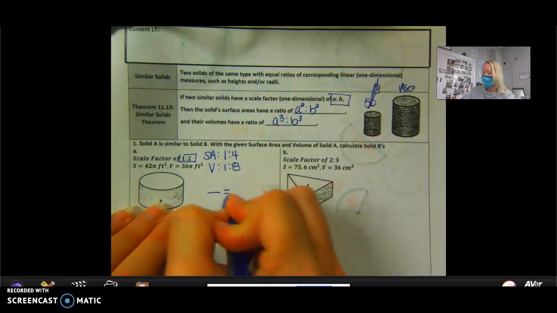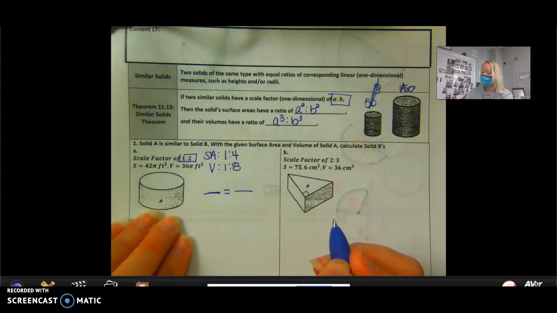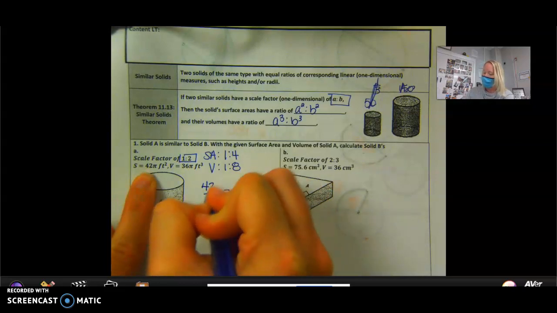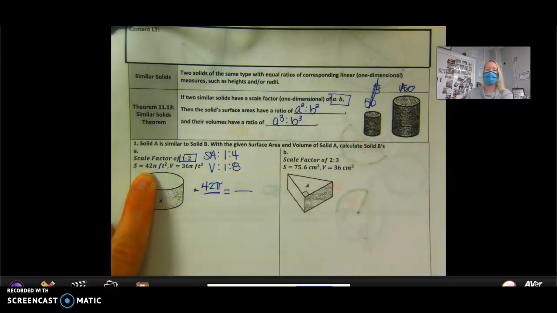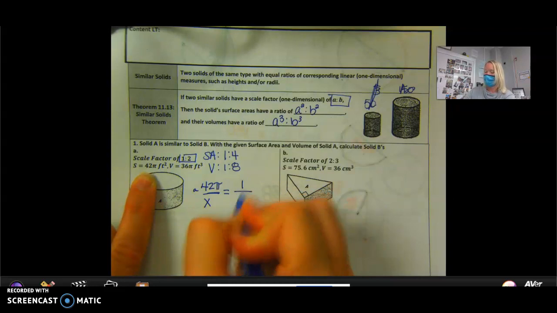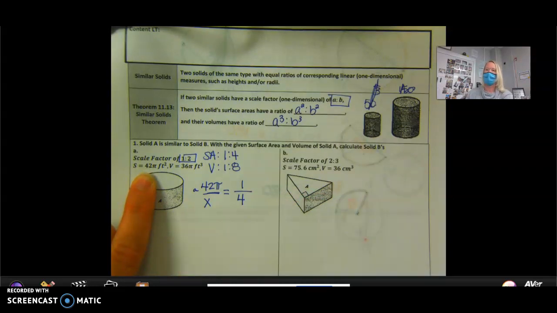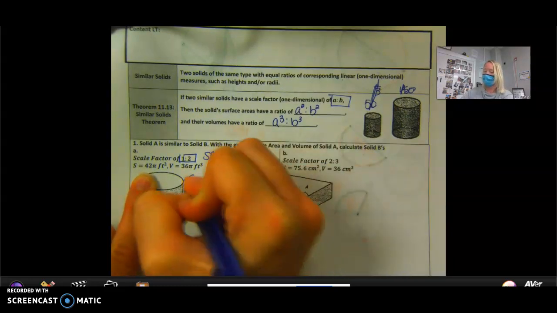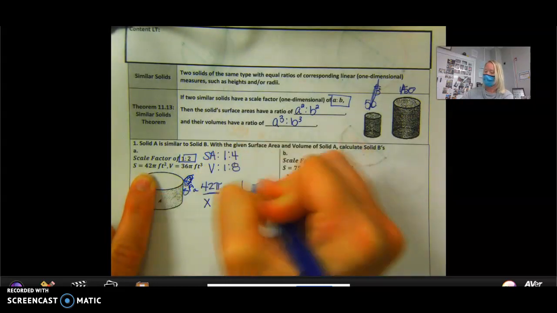Okay, easiest way to do these is set up a proportion. So this guy over this guy. The surface area of this guy is 42 pi. That is A's. They want us to find B's, which we don't know, right? But we know the ratio is 1 to 4. This is for surface area, so we're using this scale factor.